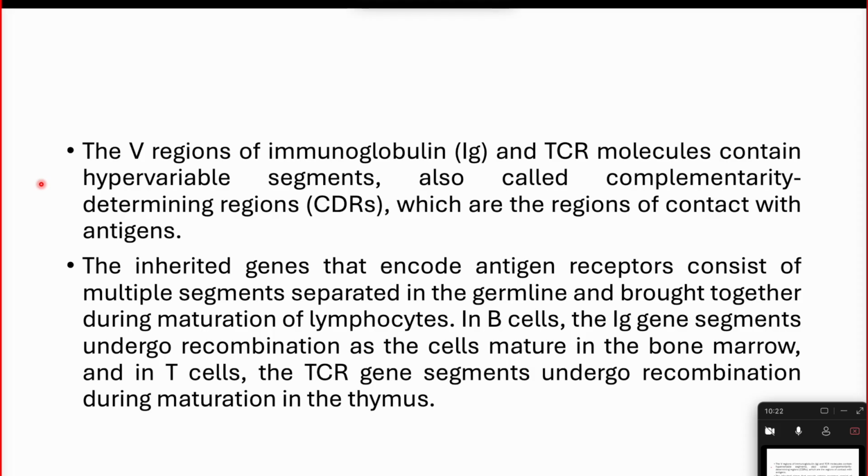The inherited genes that encode antigen receptors consist of multiple segments separated in the germline and brought together during maturation of lymphocytes. In B cells, the Ig gene segments undergo recombination as the cells mature in the bone marrow, and in T cells the TCR gene segments undergo recombination during maturation in the thymus.